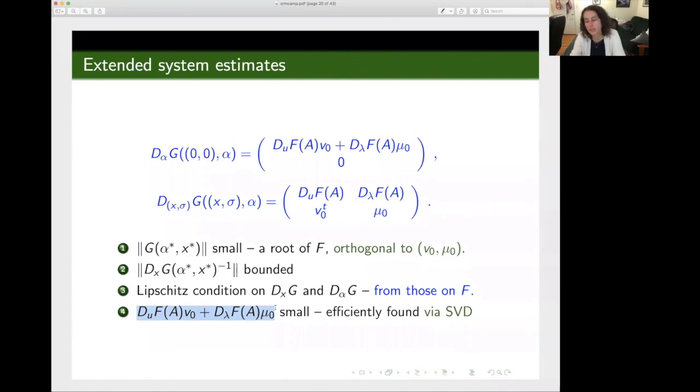Everything we're doing is from the constructive implicit function theorem, but instead we're using it in an extended system in order to more quickly and efficiently use the numerical part of approximating the solution.